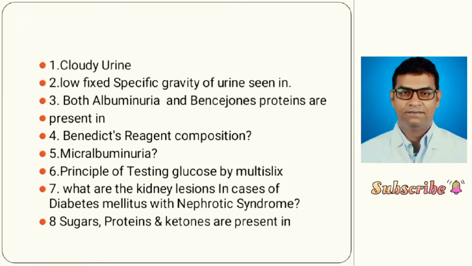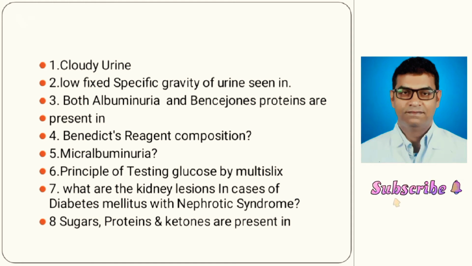Coming to the third question, in which disease are both albuminuria and Bence Jones proteins present? Bence Jones proteins and albuminuria are present in myeloma. Kidney damage to the glomeruli and tubules results in albuminuria and Bence Jones proteinuria. Urine is first heated to 56 degrees centigrade.